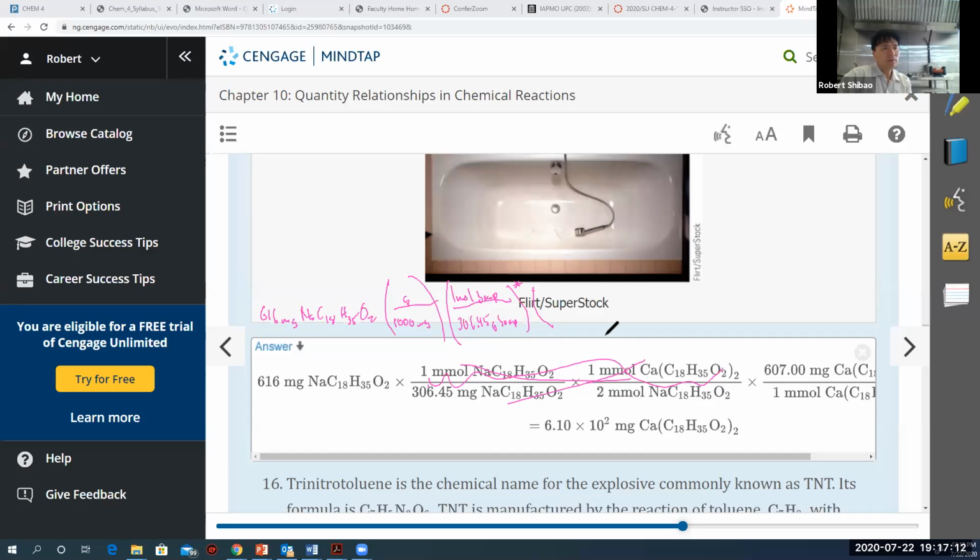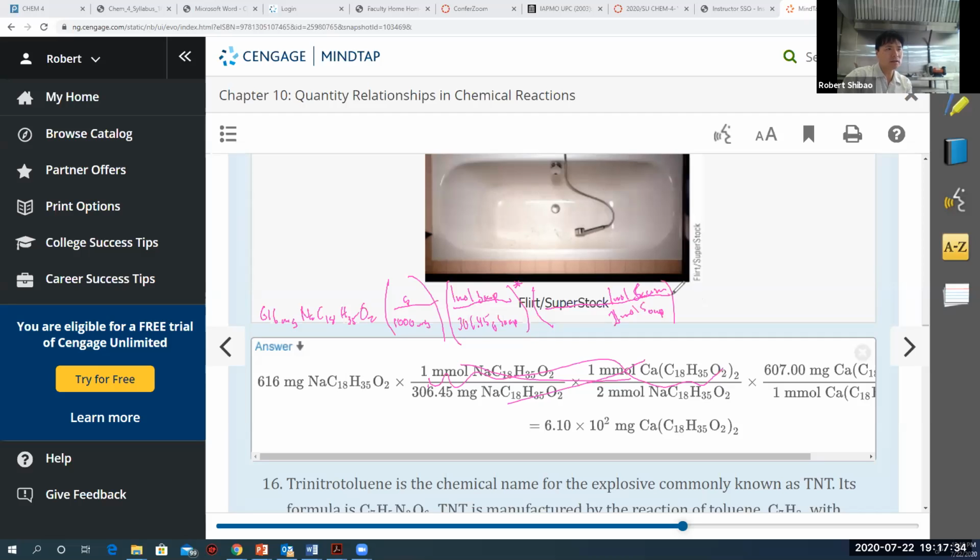And then the mole ratio. I don't want to do the millimole. I'll just say 1 mole of calcium soap scum. In fact, I'm just going to call it scum. 1 mole of scum for every 1 mole of soap. Or no, 2 moles of soap, sorry. 1 mole of scum for every 2 moles of soap.